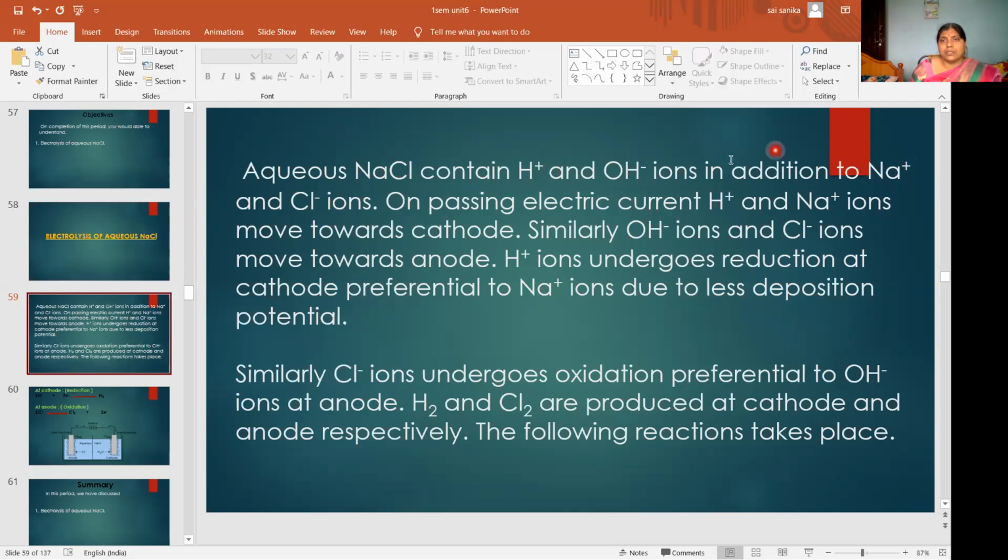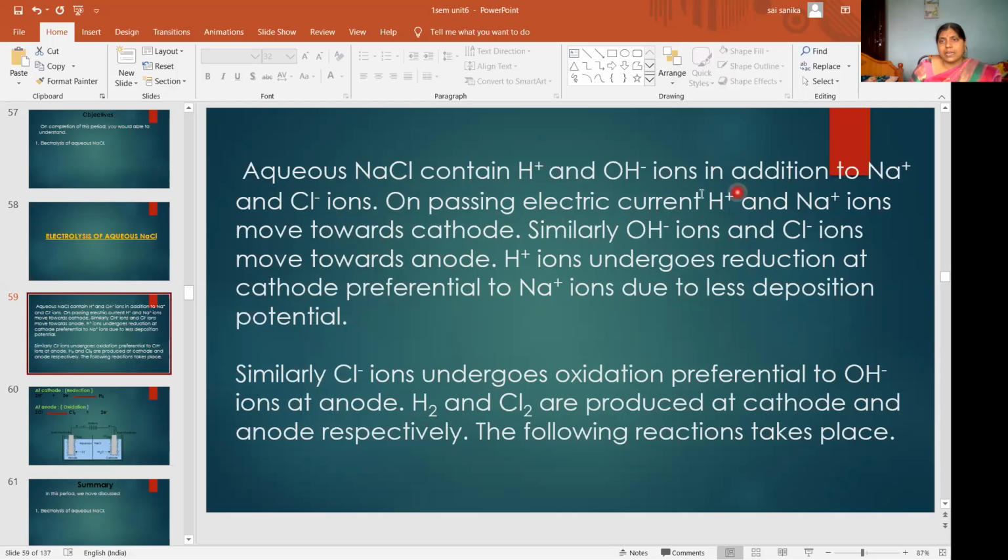So two cations and two anions are present. On passing electric current, cations move to the cathode.